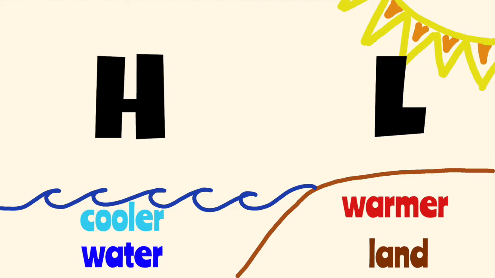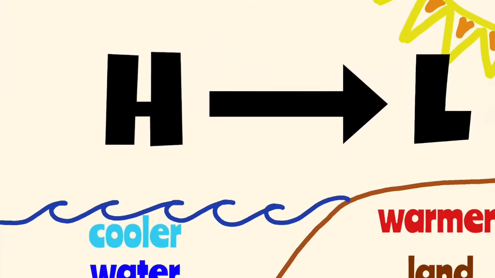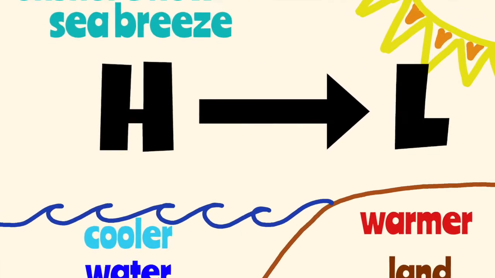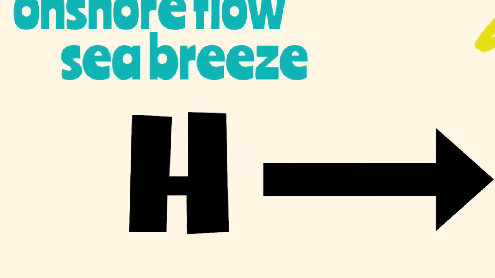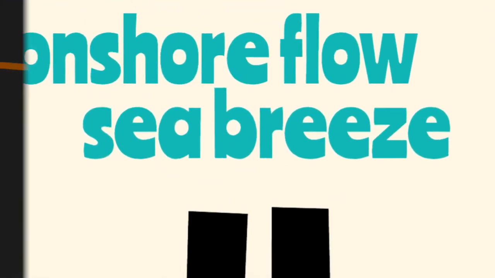Absolutely not. This is just a temperature low, a thermal low, due to the variable temperatures of these surfaces. Air always moves from high to low pressure, creating a sea breeze or an onshore flow.